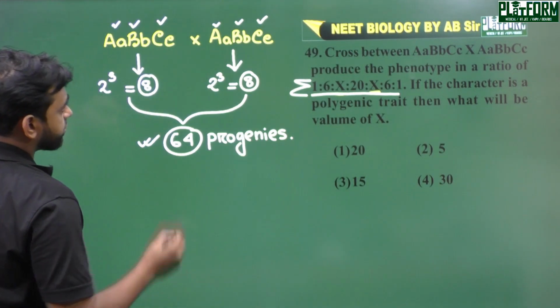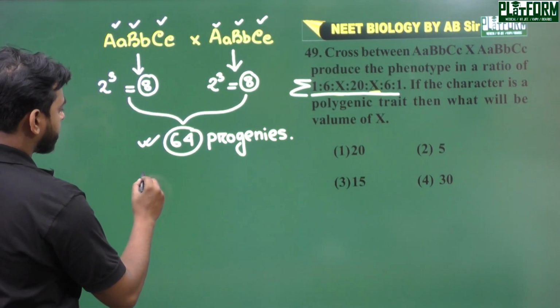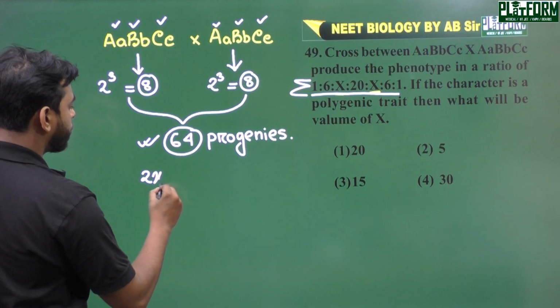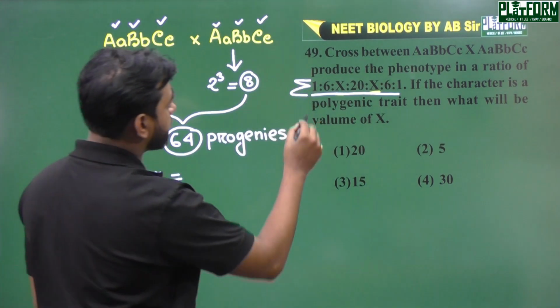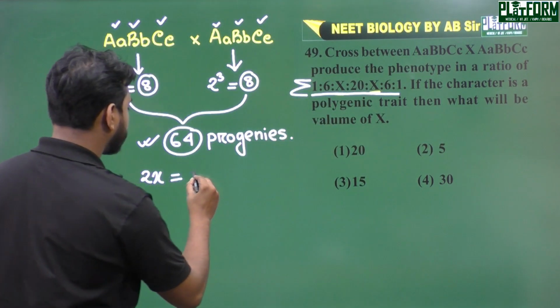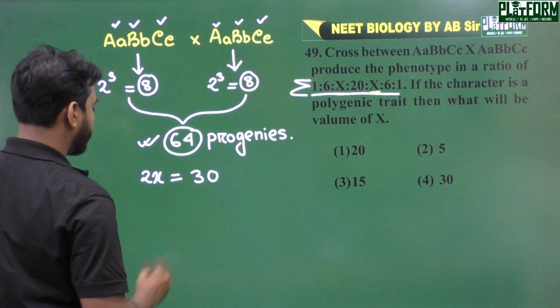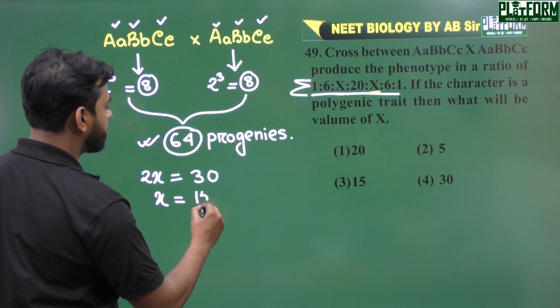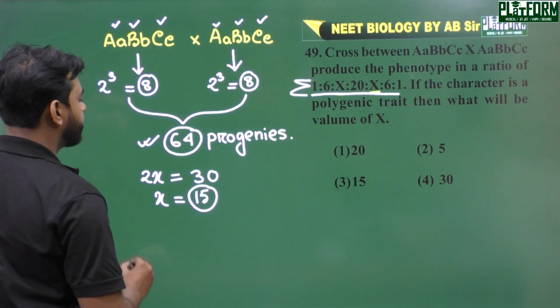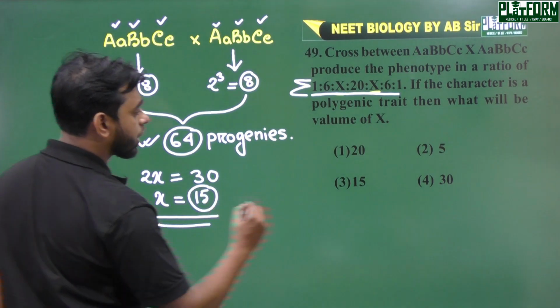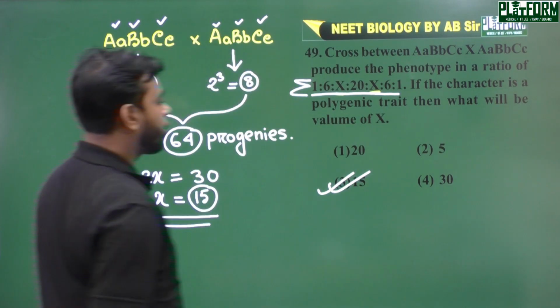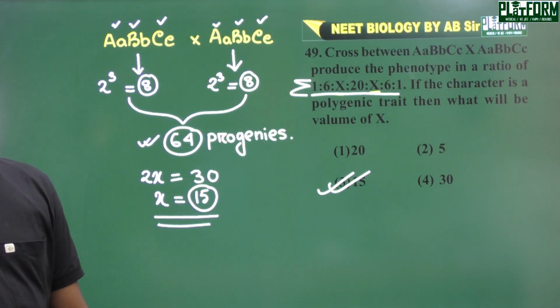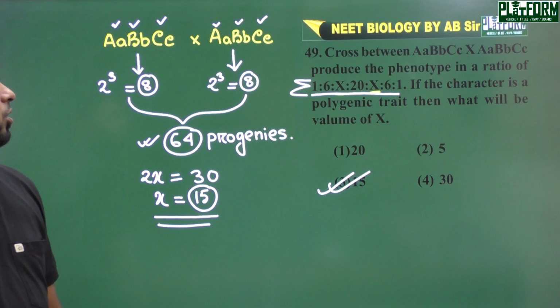From this we can calculate that the value of 2x is 30, whereas the value of x is equal to 15. So the correct answer will be option 3, that is 15.